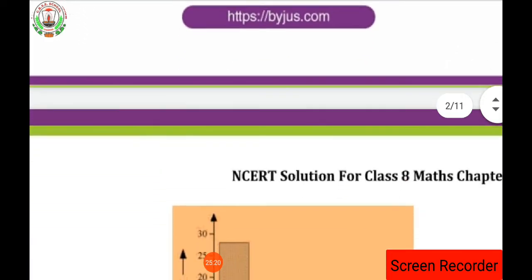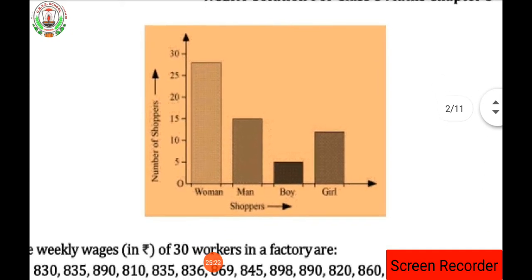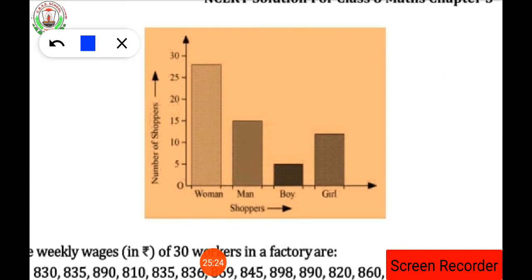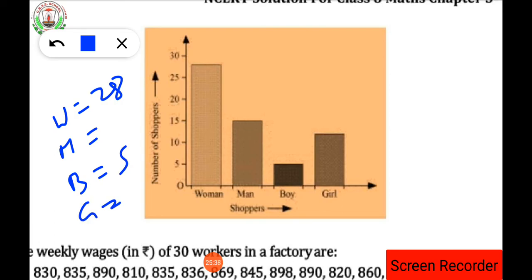That is 28, isn't it? Women is equal to 28, men is equal to 15, boys is equal to 5, and girls is equal to 12.